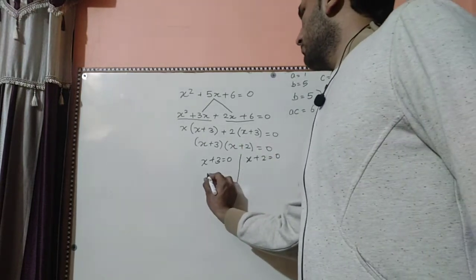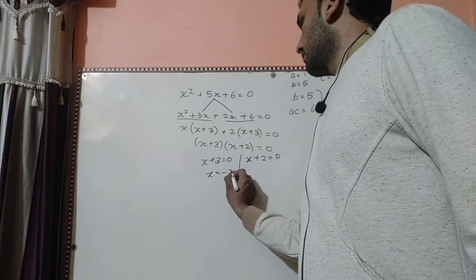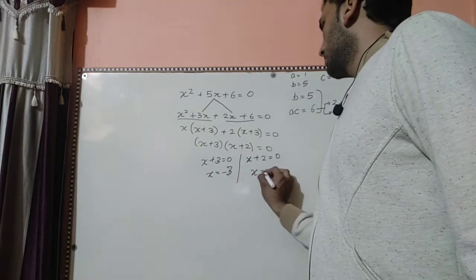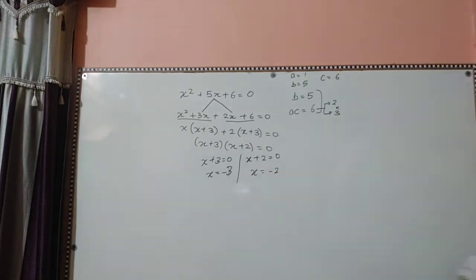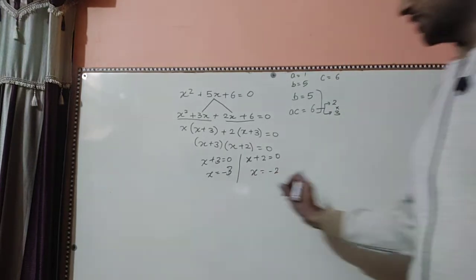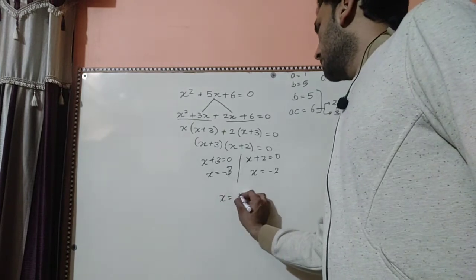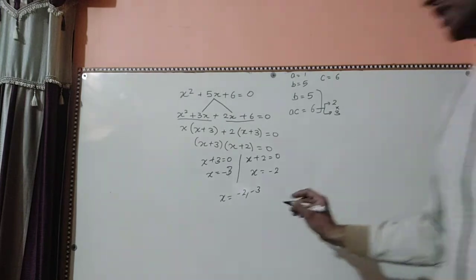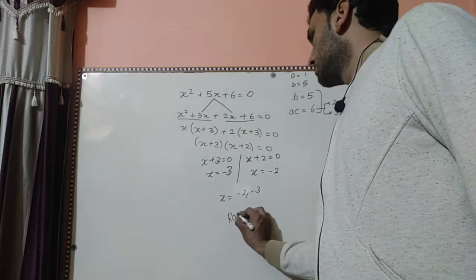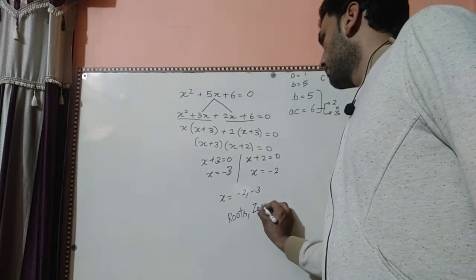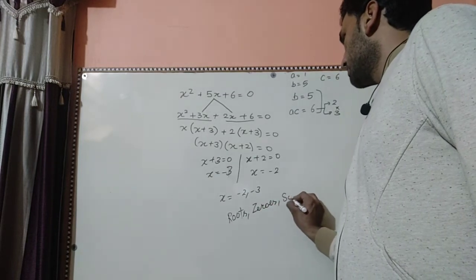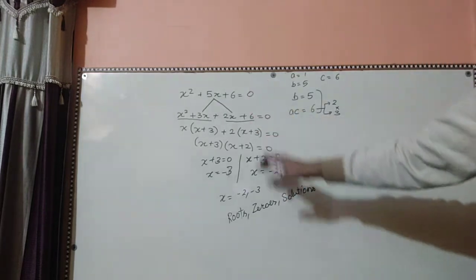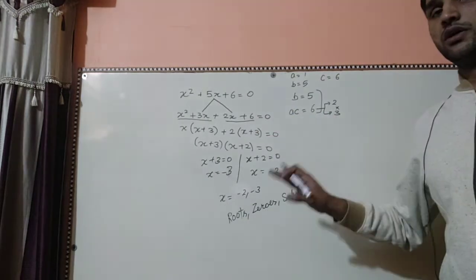For the value of x, we will simplify the equation. x will be minus 3 for this case and x will be minus 2 for this. Now, we can say that the roots of the given equation are minus 2 and minus 3. Here, you can say that roots, zeros, or solutions of this equation are minus 2 and minus 3.